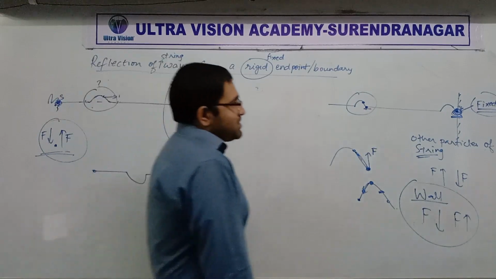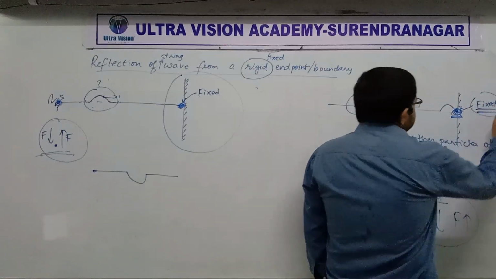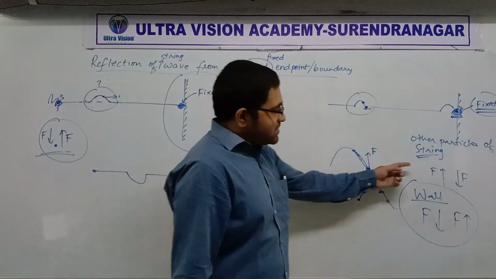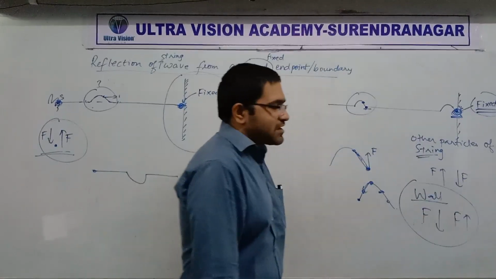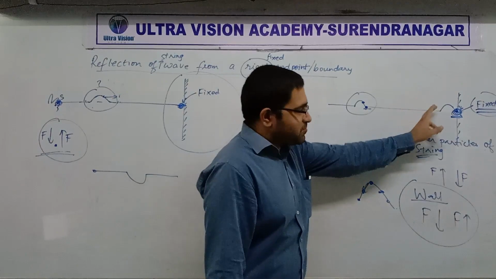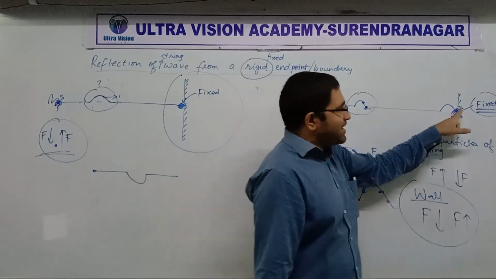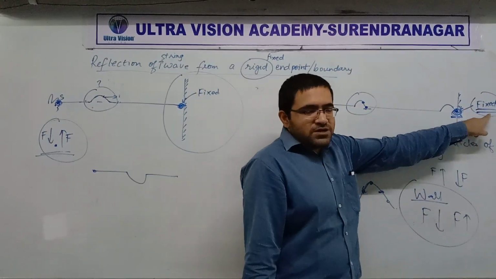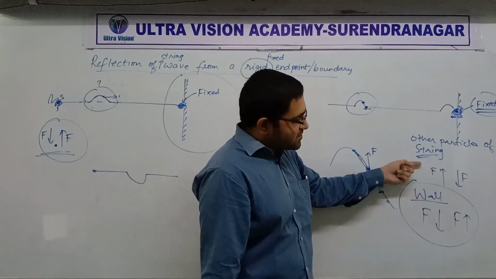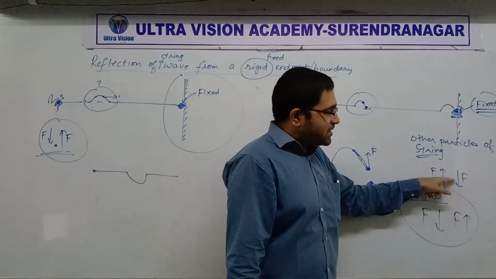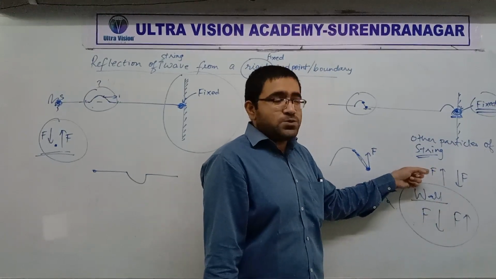I said that to keep the point fixed, the wall must always apply opposite force on the last point of the string. Remember, we are talking about the last point of the string. To keep that last point fixed, it is necessary that the wall always applies the opposite force of what the string applies.